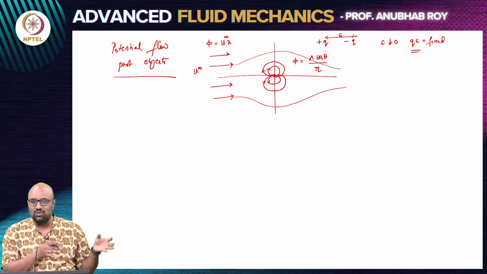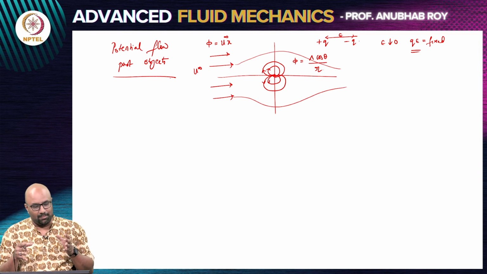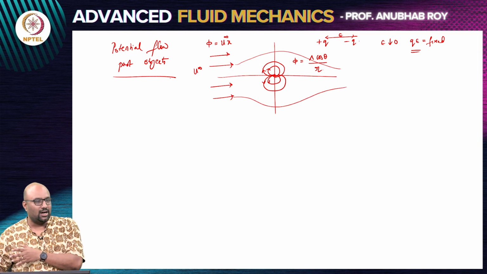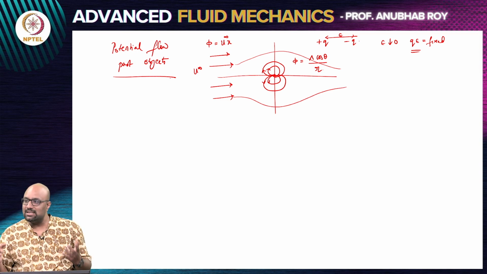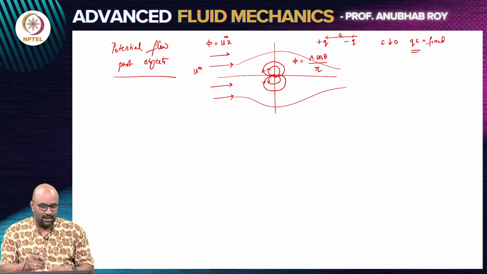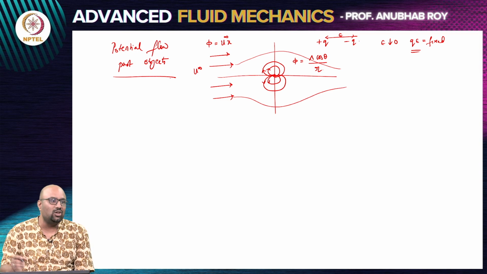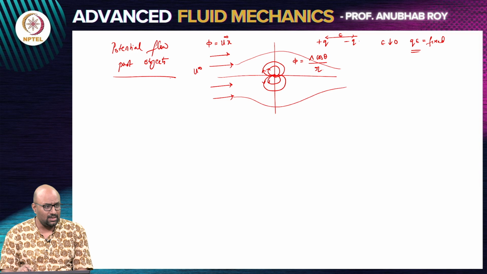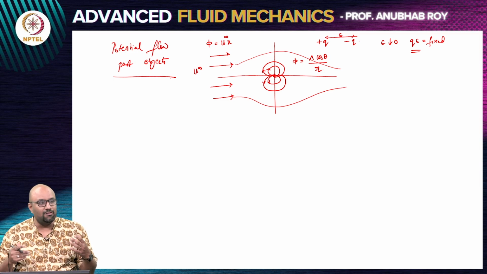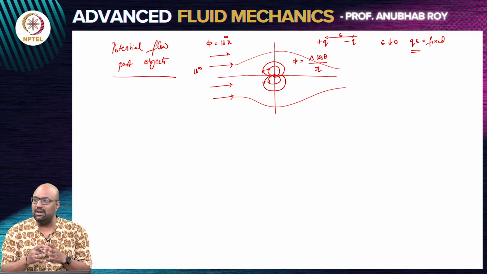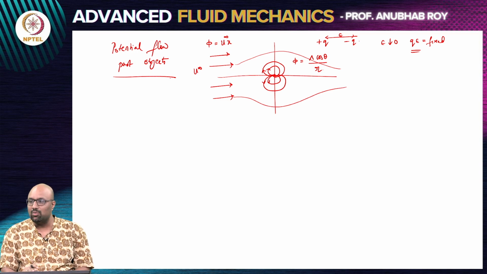Uniform flow is one of those fundamental building blocks. The source is one of those building blocks. A sink, potential dipole, a point vortex, these are all building blocks which go back to the series solutions of the Laplace equation. Each of those terms in the series solution, I can view as building blocks, and I am using combinations of those solutions to understand what the flow feature should look like.